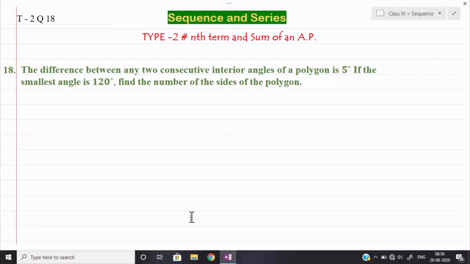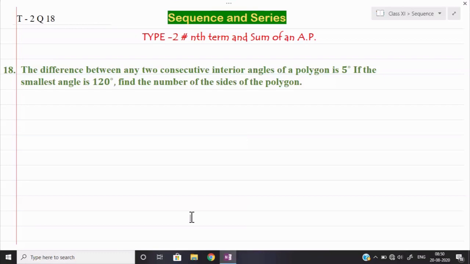So here they are saying that if you find the difference between any two consecutive interior angles, means between first angle and second angle and third angle, the difference will always come as 5 degrees, and the smallest angle is given here as 120 degrees. We have to find out the number of sides of the polygon.